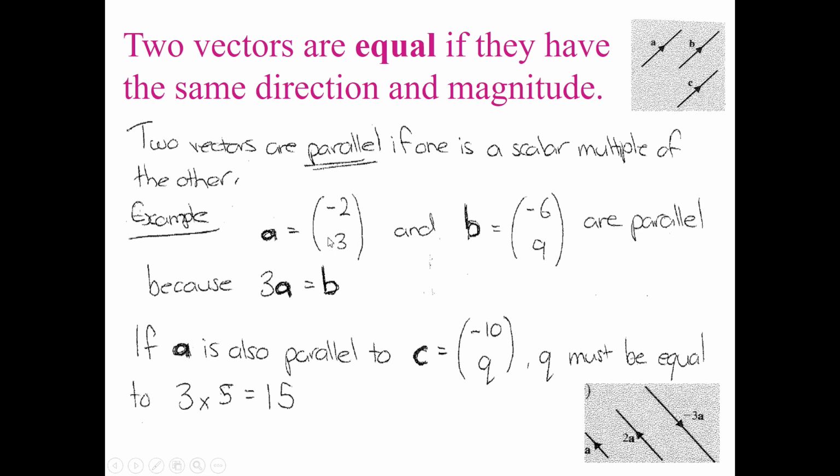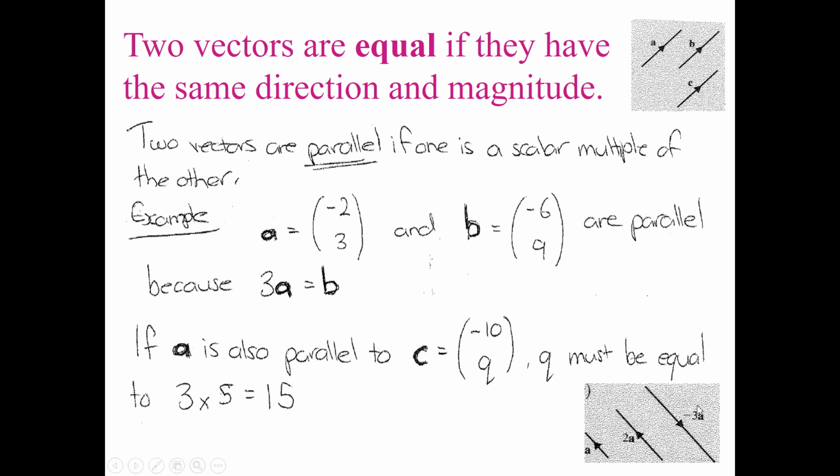So you can multiply its y component by 5 too, because you've been told they're parallel. Whatever you multiply this one by to get that one, you multiply this one by the same scalar multiple. The scalar multiple in this case has to be 5, because -2 times 5 is -10. So 3 times 5 is q. So q must be equal to 15.